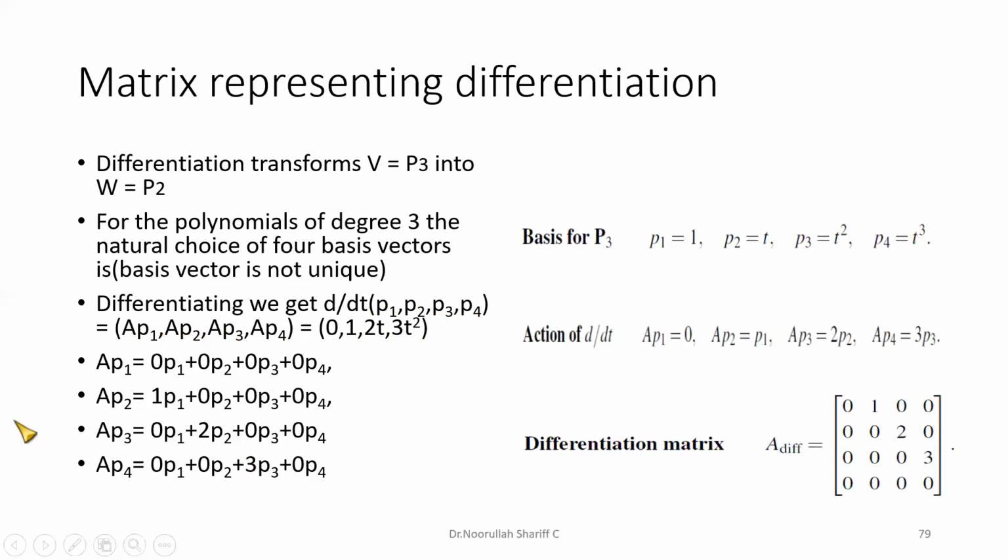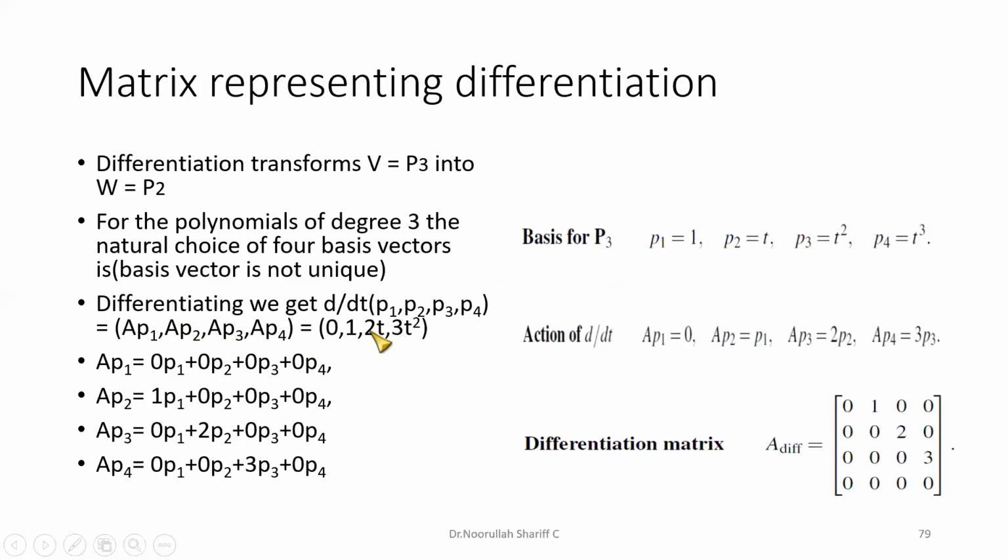Now, AP1 is equal to 0, AP2 is equal to 1, AP3 is equal to 2t, and AP4 is equal to 3t square. Now, substituting this back over here, we get AP1 is equal to 0 itself, AP2 is equal to 1, and that one is P1.